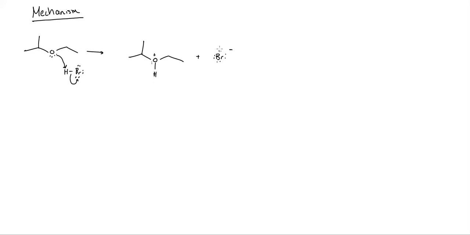Whichever one is least substituted, the bromine is going to attack there, SN2 style. So it attacks on this carbon, and then these electrons go onto the oxygen. What that gives me is an alcohol, and then I also get my first alkyl halide that I had written earlier.